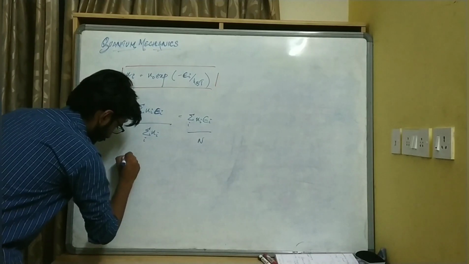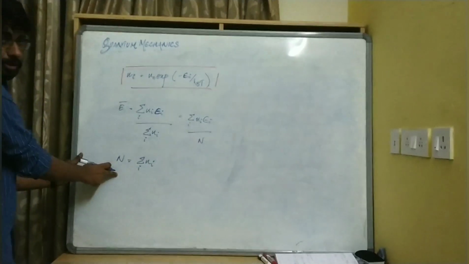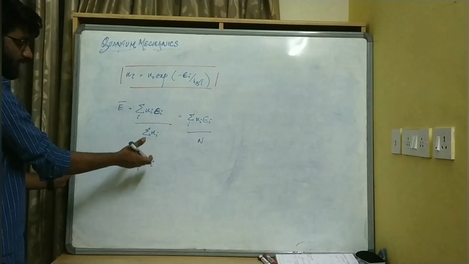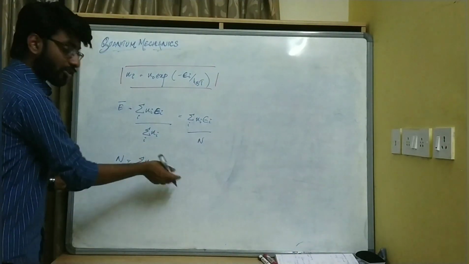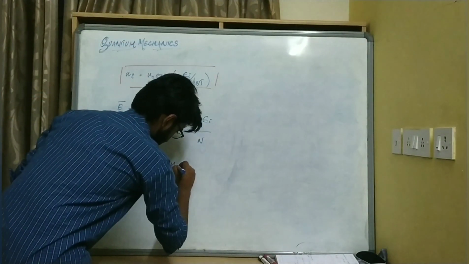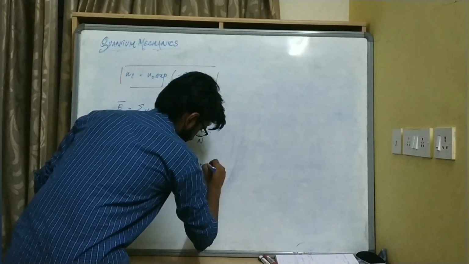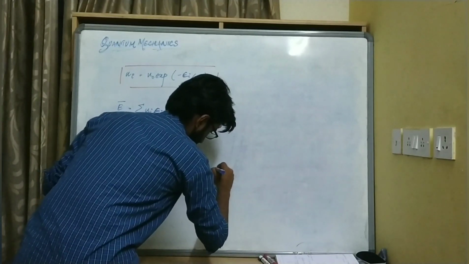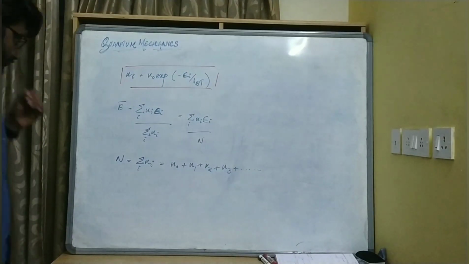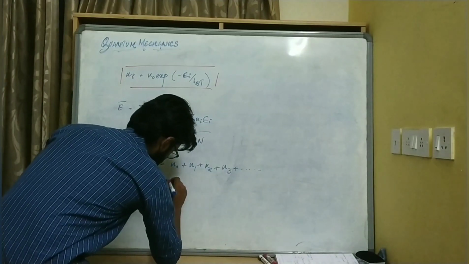So total N is the total number of oscillators, summing the individual oscillators at energy epsilon i at time t over all possibilities. Using this expression we can get these terms.